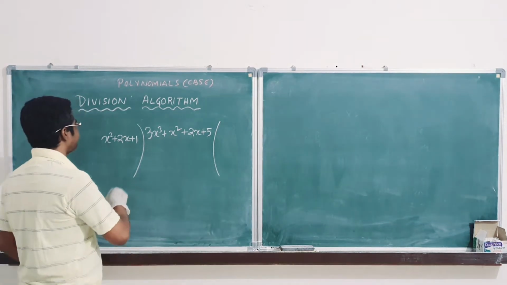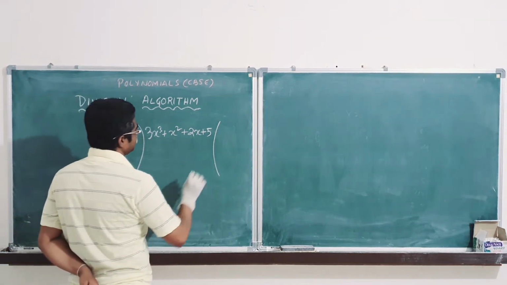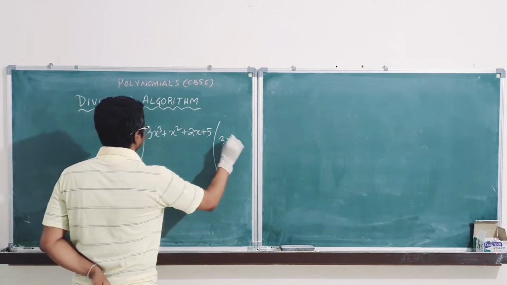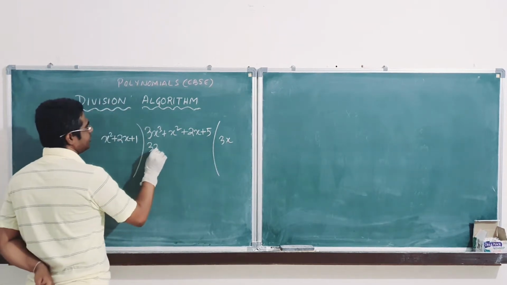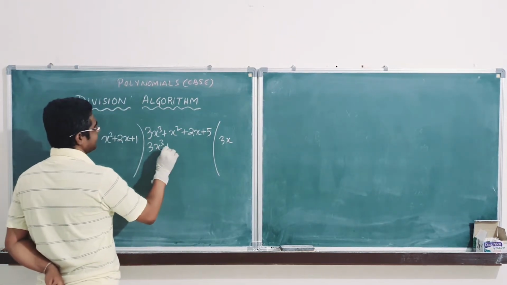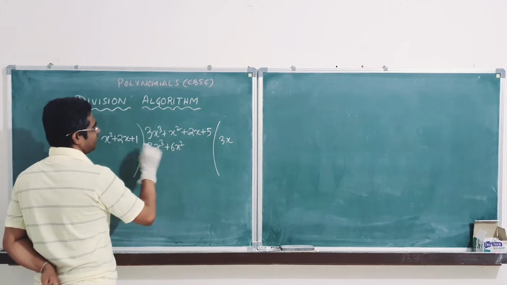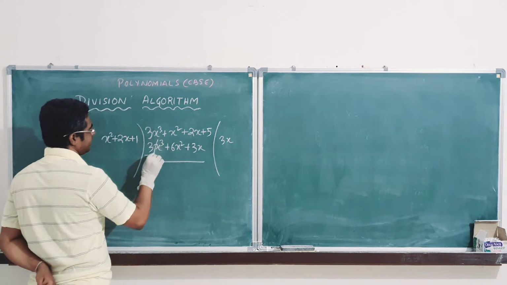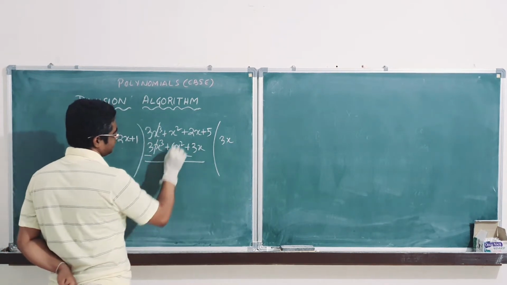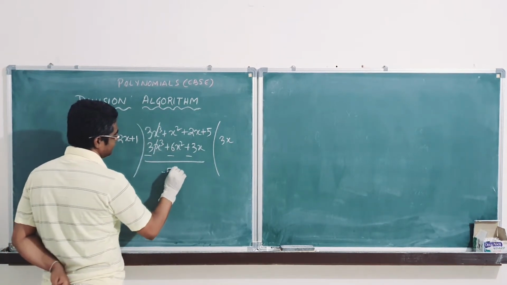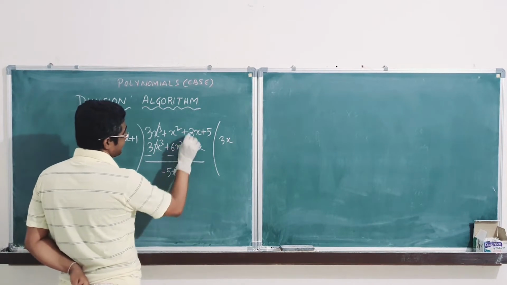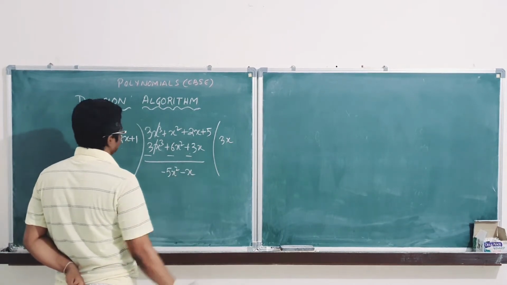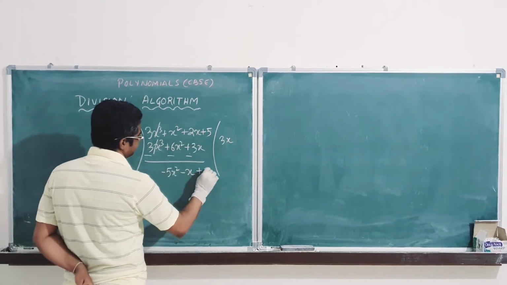Let us divide by x square plus 2x plus 1. The first term will be 3x, right? So 3x means 3x cube plus 6x square plus 3x, clear? Here it will cut down, minus minus. So this is minus 5x square, this is minus x, that will be plus 5, right?